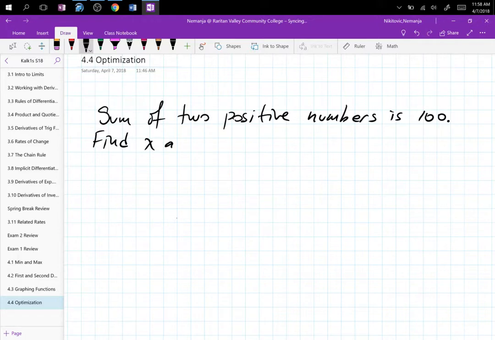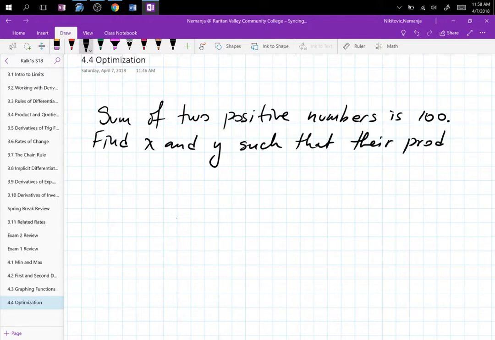Find x and y such that their product is maximum.